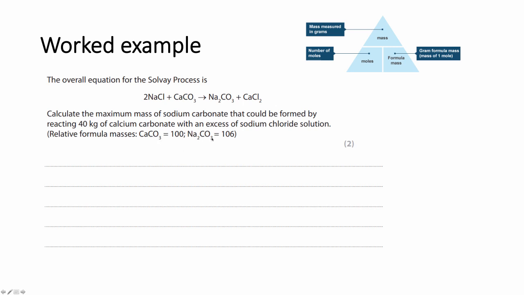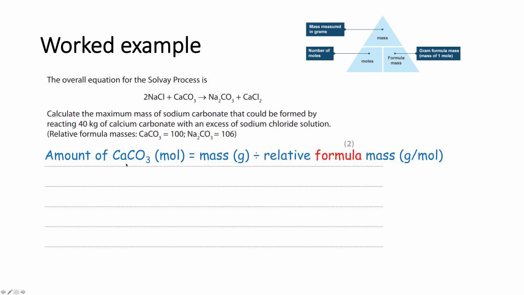The best way to do this is to firstly work out the amount of calcium carbonate, and we work out the amount in moles by dividing the mass by the formula mass. We say formula mass here because this time we've got a formula. It's not atomic mass, because we've actually got calcium ions and carbonate ions here.